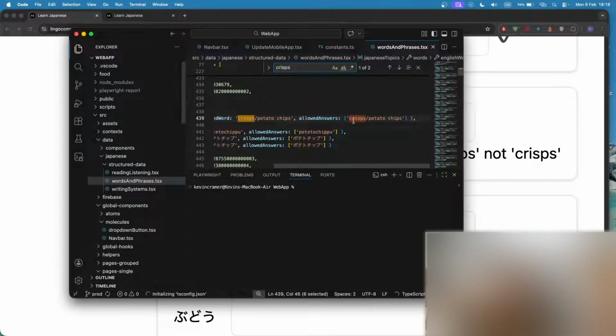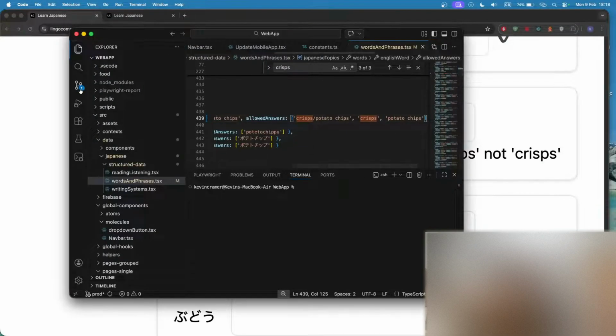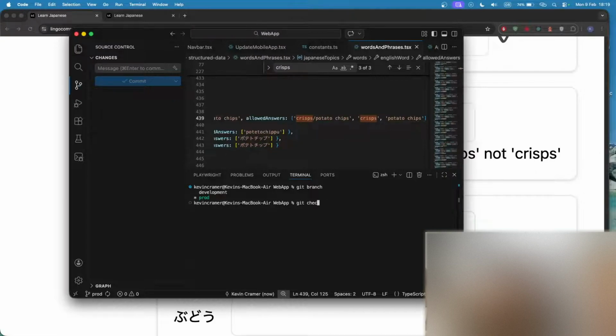Crisps. So we'll allow crisps as an answer. And we'll allow potato chips. And let's quickly apply that change. Fix, allowing crisps or potato chips as allowed answer. Let's push that quickly. Git branch, git checkout development, git merge prod.